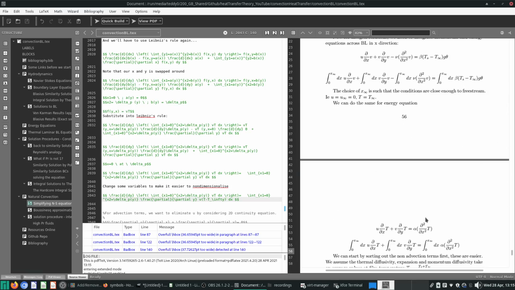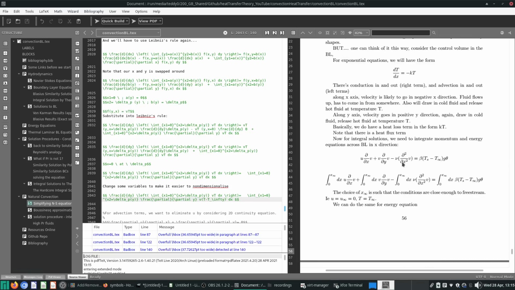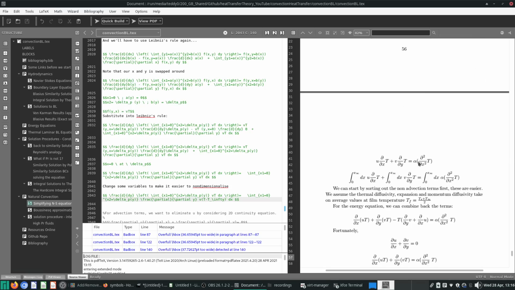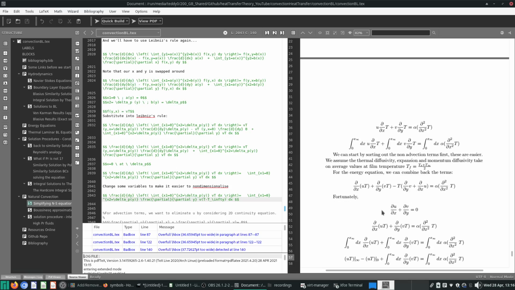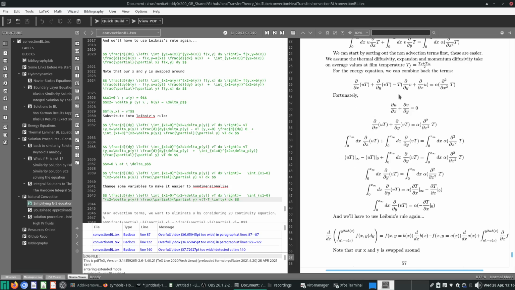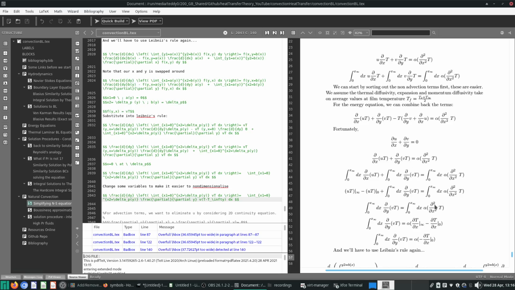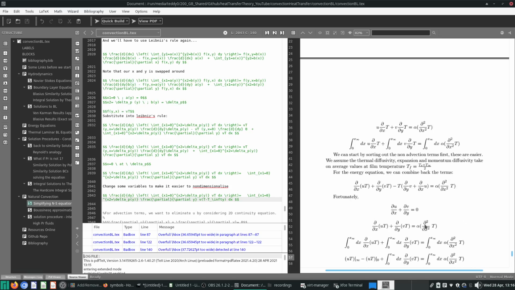Same reason, we can do this t minus t infinity over here, and then if we just substitute t minus t infinity here, then all the way through, wherever we see t, we'll have t minus t infinity.